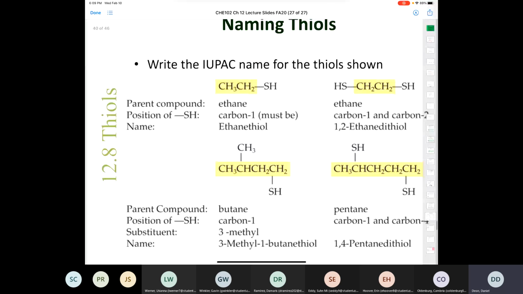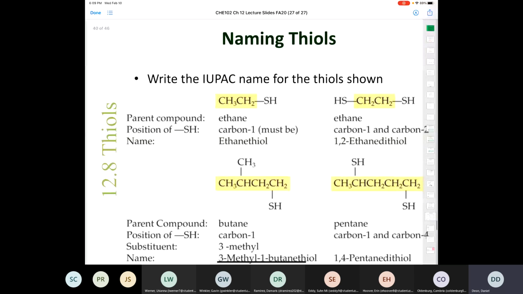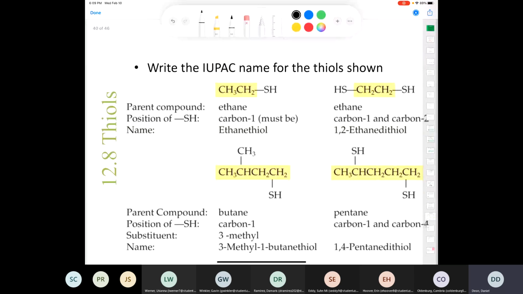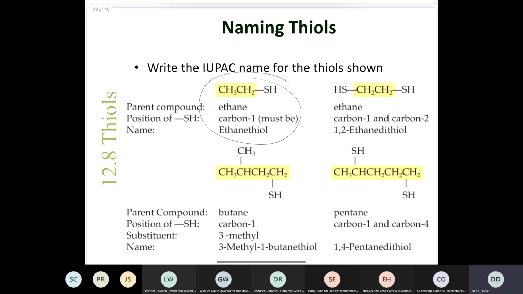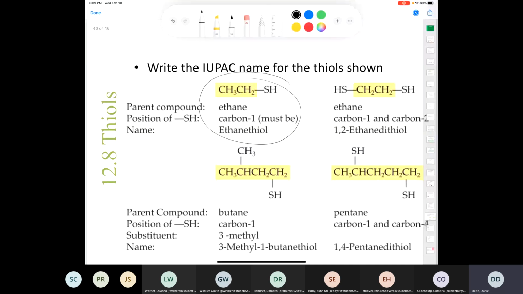Here are some simple examples of thiols, and you can see that this is really the only slide I have because this is just some molecules that come straight out of our textbook. But if you look at the first one, it's called ethane thiol, right? Because if you have CH3 like that, that's an alkane, that's ethane.